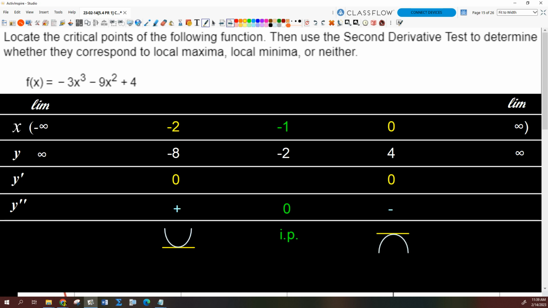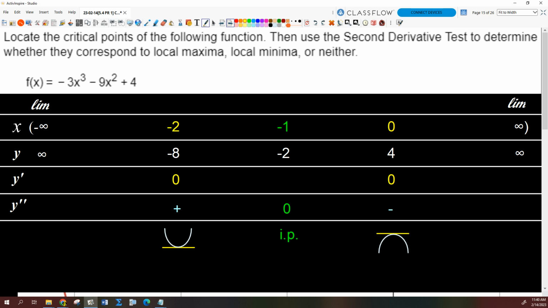Okay. So let's go row by row, right? So here's our domain, goes from negative infinity to infinity. I guess I got my colors backwards on this. My first derivative critical numbers are yellow here. We had negative 2 and 0, right? Those were places where the first derivative was equal to 0.